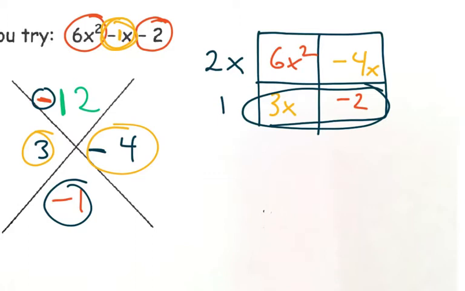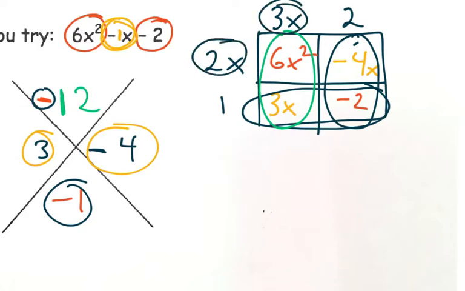So now let's go ahead and do the first column there. Notice how 6 and 3 both have a 3, and x squared and x both have an x. So I know that's 3x. And then finally, if you look at my last column here, they both have a 2 in them, right? Now let's get the signs. For example, I know 3 times 2 is 6x squared. I got that nailed.